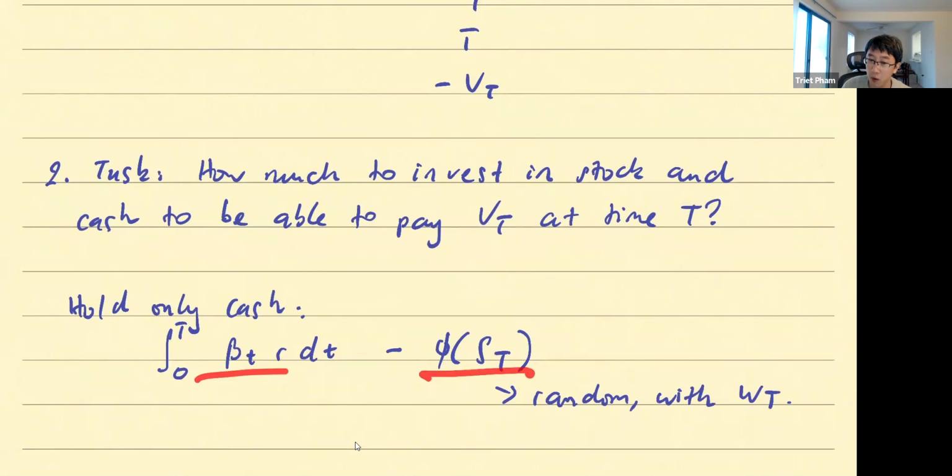And that's why I question you. I don't know what you mean by the end result is the same. Mathematically, these two are very different. This is very smooth because it's a dt integral, right? This is nowhere differentiable because it has something to do with WT. So mathematically, these two cannot be balanced out to begin with.